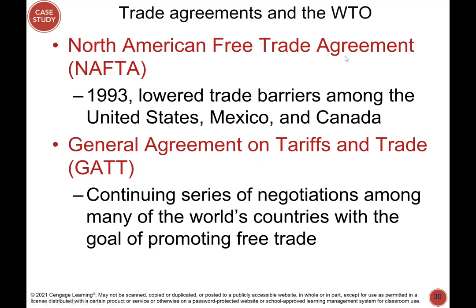The North American Free Trade Agreement, or NAFTA, in 1993 lowered trade barriers among the United States, Mexico, and Canada. The General Agreement on Tariffs and Trade, GATT, is a continuing series of negotiations among many of the world's countries with the goal of promoting free trade.